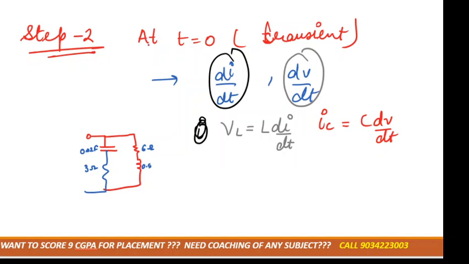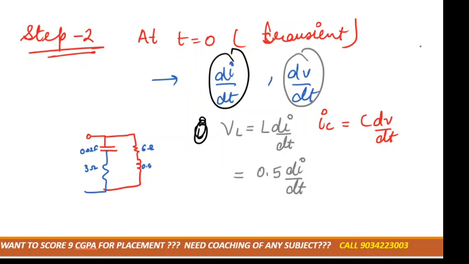Got it? So ic is the current across the capacitor. L we know, L is how much? That is 0.5. di by dt we need to calculate, and voltage across inductor we don't know, right?